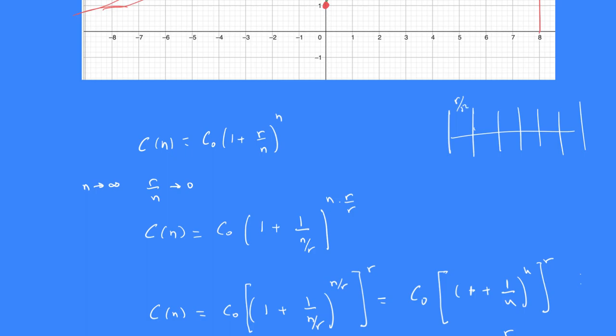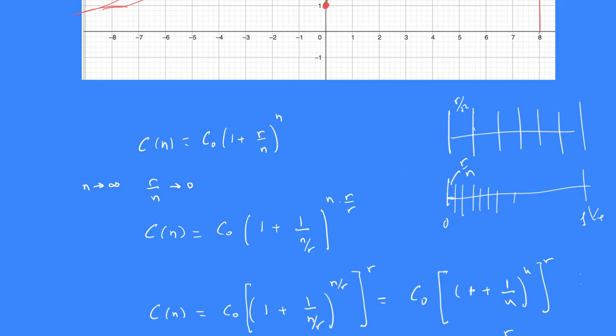So we want to divide n in infinity parts. So this is the year, and we divide the year in infinity parts. So in every part, your money grows like r divided by n, and this is the equation that we will have.